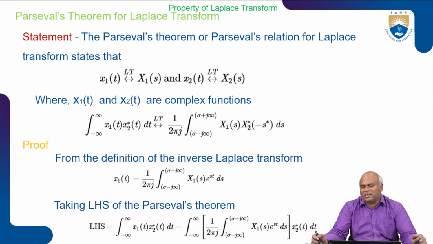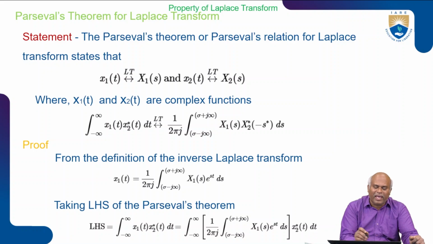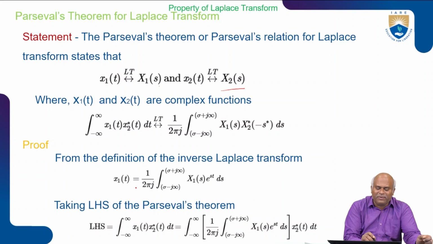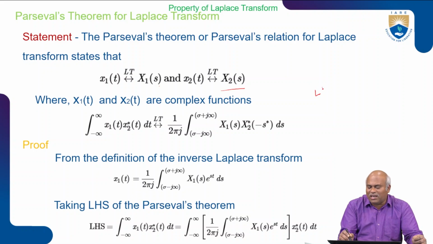Now we need to prove this statement. So we take two signals, one represented as x1 of t and another as x2 of t in the time domain. If we take the Laplace transform of both signals, it produces x1 of s and x2 of s. Based on this condition, I write the inverse Laplace transform of x1 of s is equal to x1 of t.